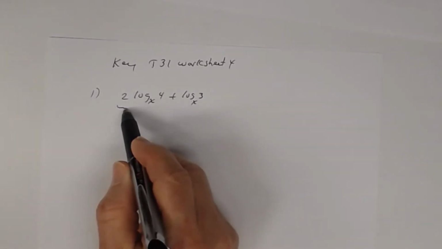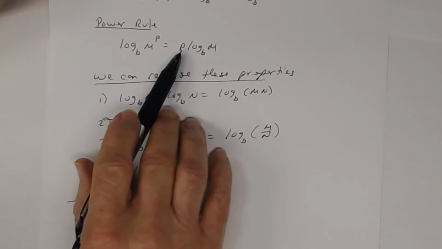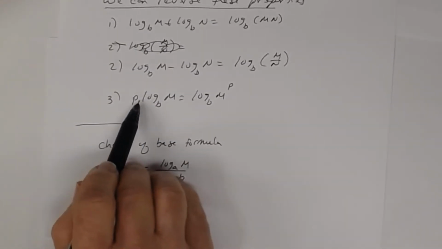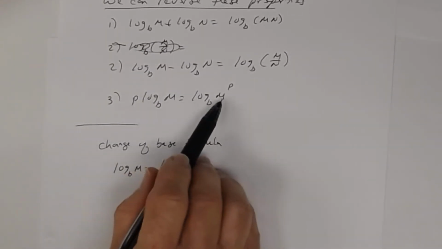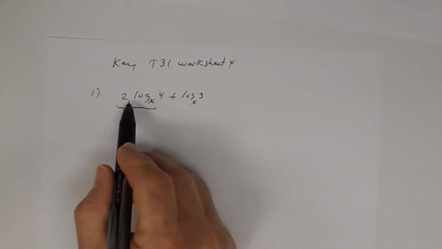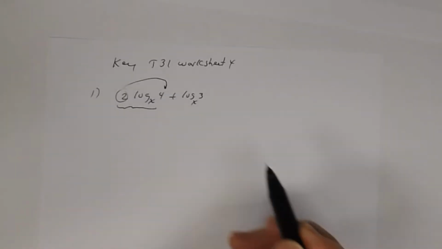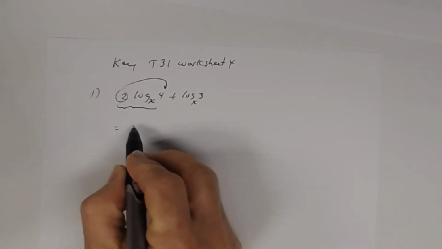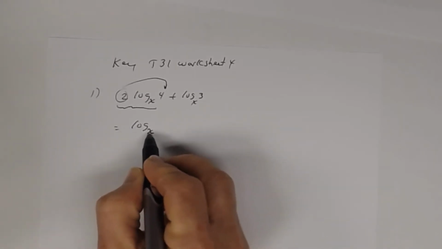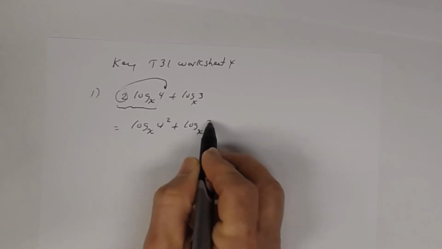So when we look at this one here, you're going to use the power rule. So we're going to go this way. You're going to rewrite this as the log of some argument raised to a power. So basically what that means is that you're going to take this 2 and write it as an exponent. So this becomes log base x of 4 squared plus log base x of 3.